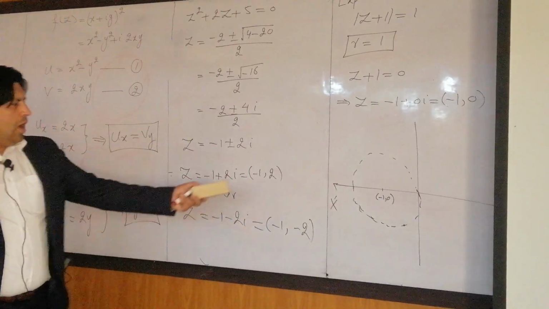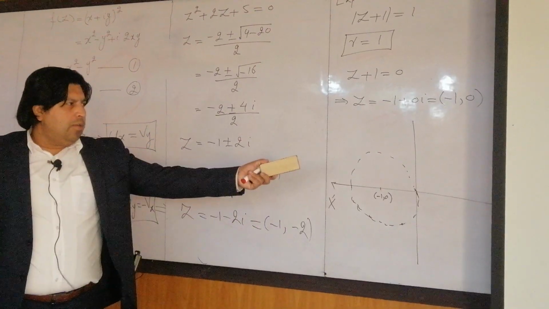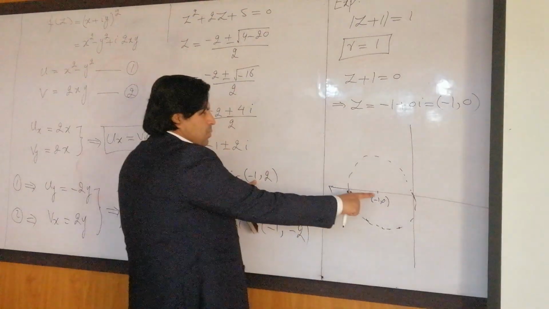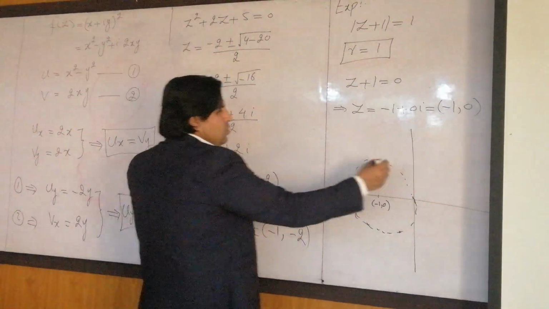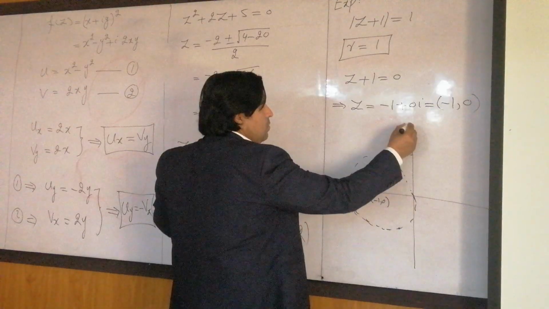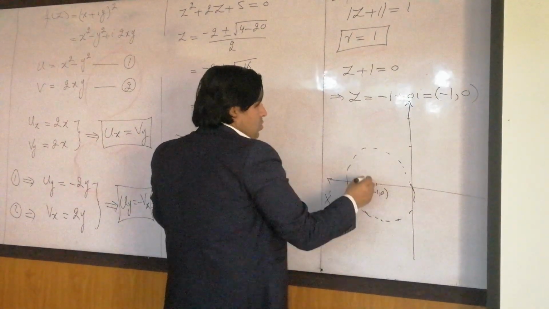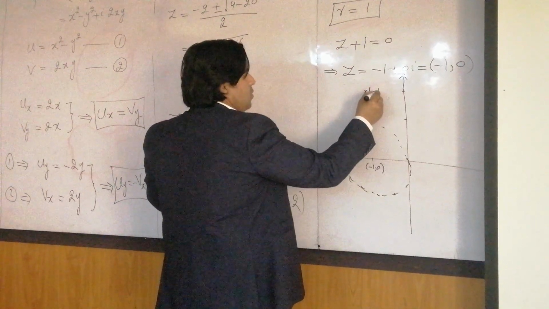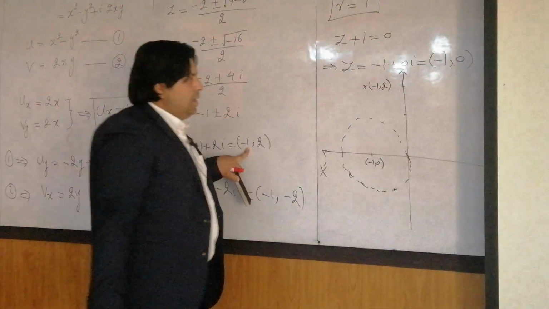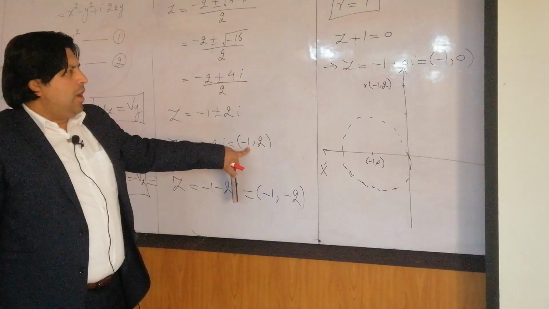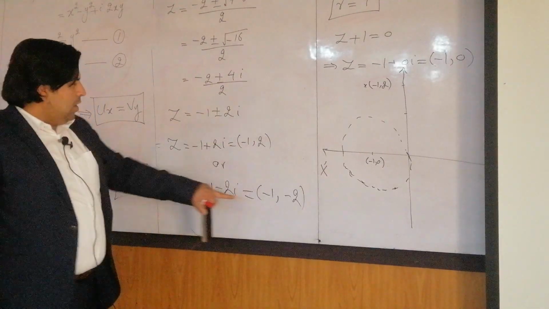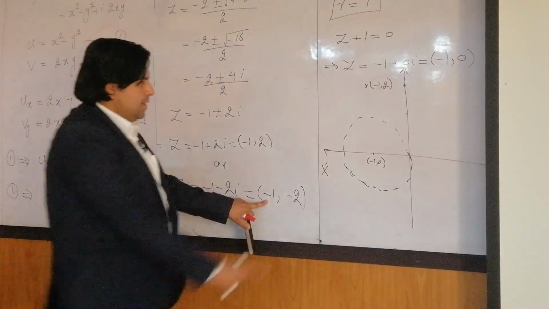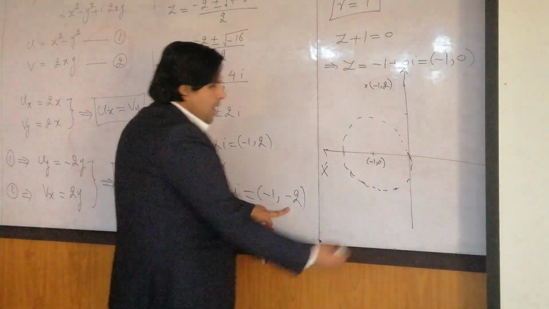Now we have to draw these 2 points with the given closed curve. For the first point, x is minus 1, which is this point, and y is 2. So this is 1, this one is 2. So this point lies here. This is minus 1 comma 2, and we can see that this point is outside of our curve. Now let us draw another point. The other point is x again minus 1, y is minus 2.